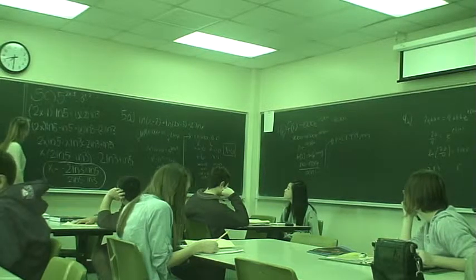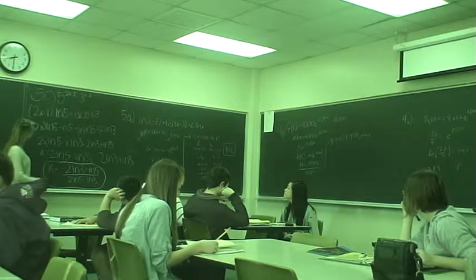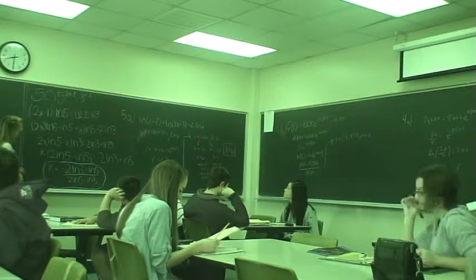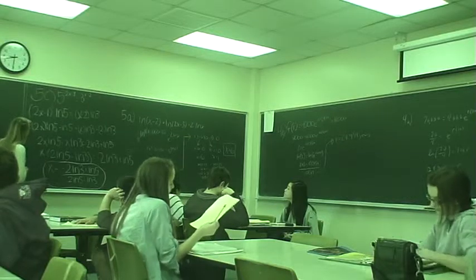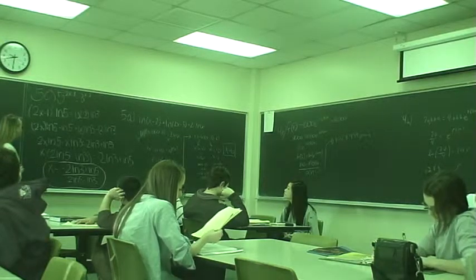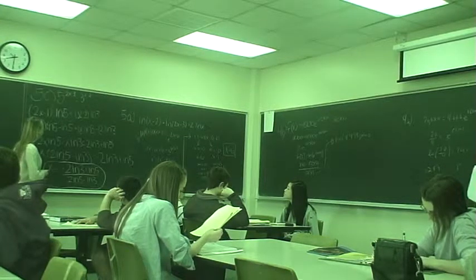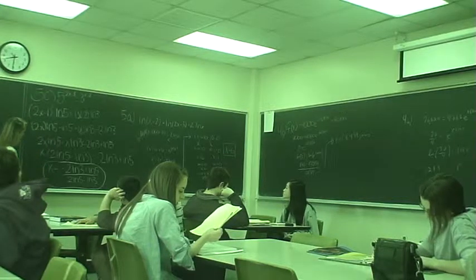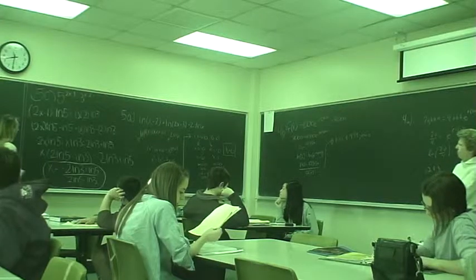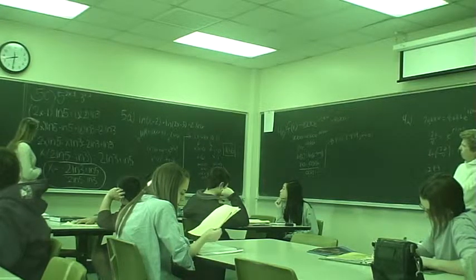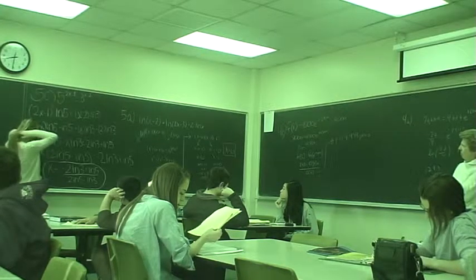So you have 2x times ln of 5 minus ln of 5 equals x times ln of 3 minus 2 times ln of 3. So then you want to get the x's on one side and the constants on the other. So you have 2x times ln of 5 minus x times ln of 3 equals 2 ln of 3 plus ln of 5.